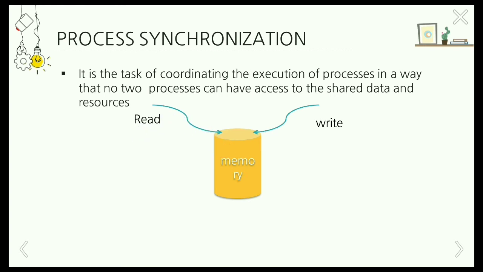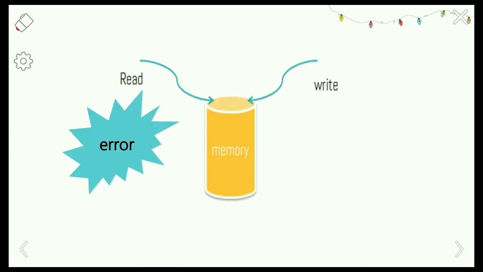While process P1 is writing, if process P2 accesses the memory location, then it may get inconsistent data. If P2 performs a read operation on the shared memory while P1 is performing the write operation, it may result in an error.